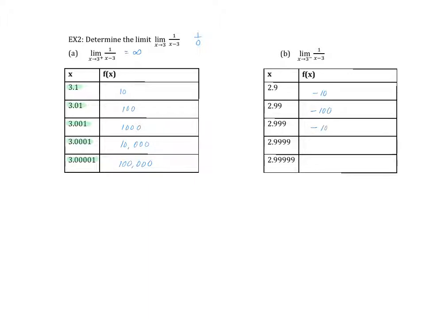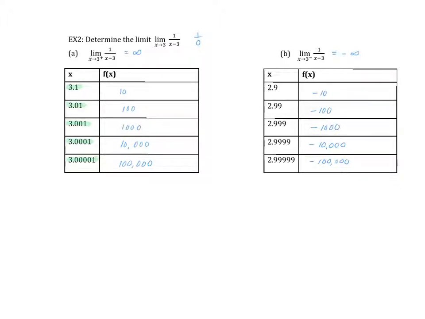And then a negative 1,000, negative 10,000, and a negative 100,000. So you can see that as I get closer and closer to 3 from the left, my values are getting larger in magnitude, 10, 100, 1,000, 10,000, but they're negative values. So coming from the left, we're approaching negative infinity.